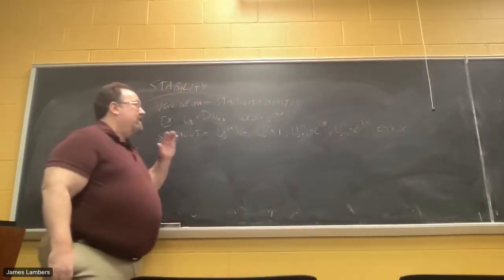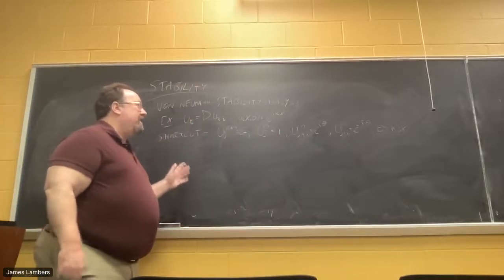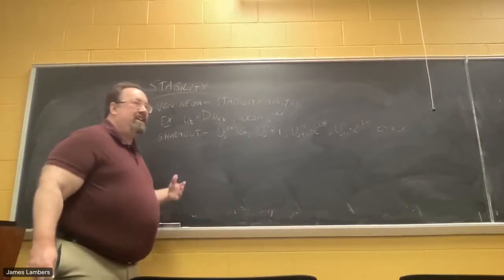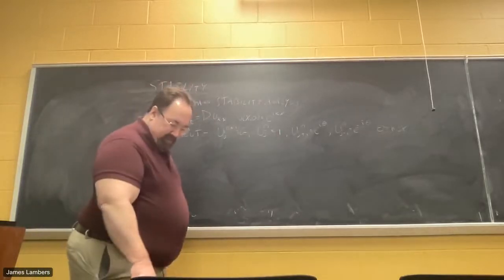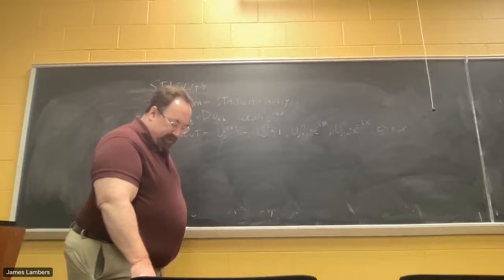This just takes into account that U_j^n is going to cancel out anyway, so we'll just go ahead and substitute this instead. So it's not really that much of a shortcut, but okay.